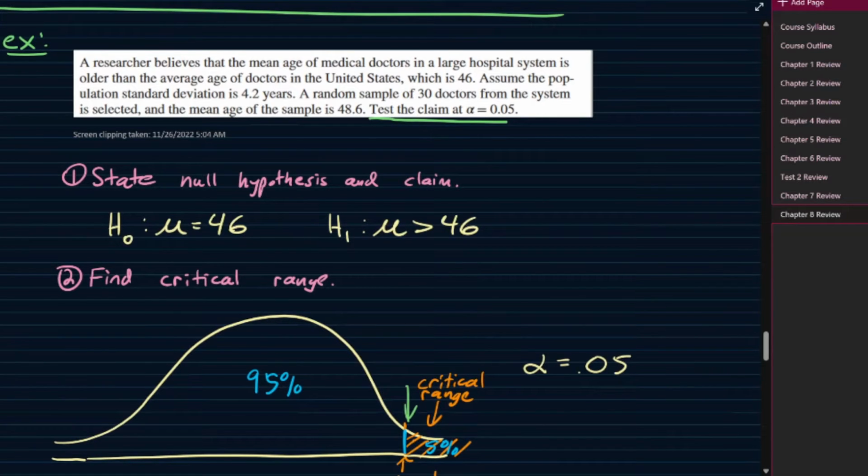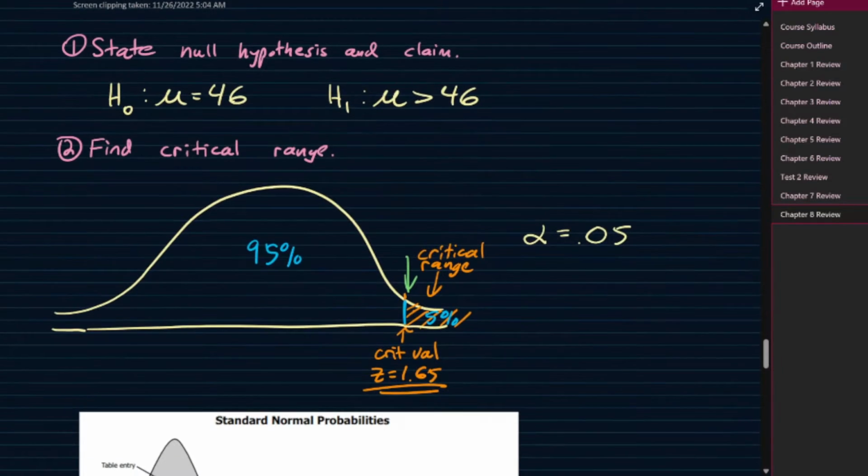Pretty good example. I hope this helps shed some light about how to do a hypothesis test. Again, step 1, we stated the hypothesis and the claim. Step 2, we found the critical range, the value that is the cutoff for when to accept or reject h sub 0.